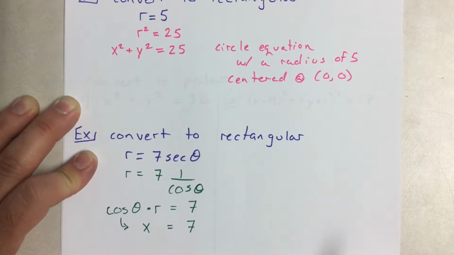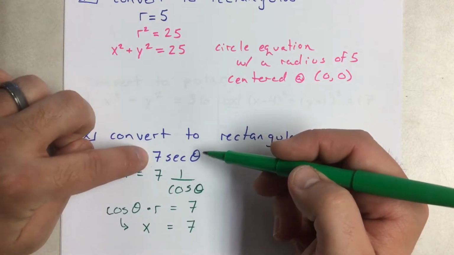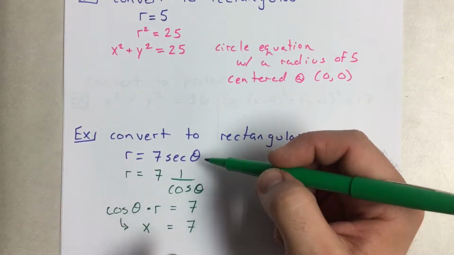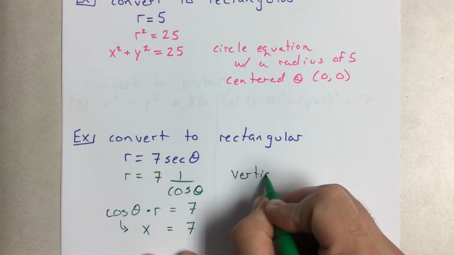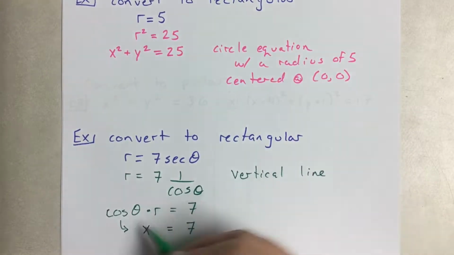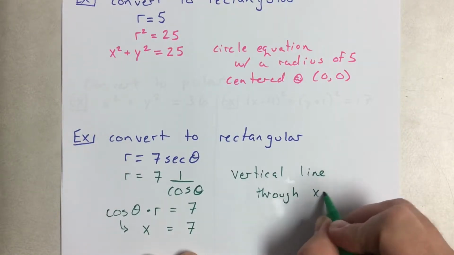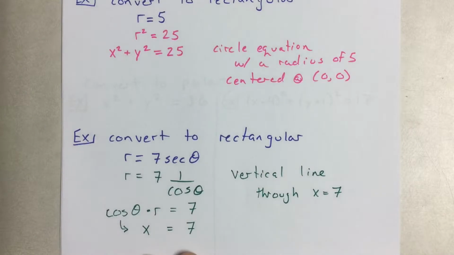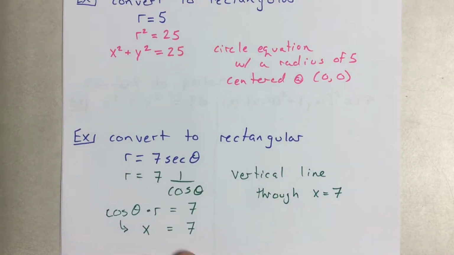So r equals 7 secant theta, that polar equation, really comes down to a vertical line, x equals 7. Maybe if I had 7 cosecant theta, that's a horizontal line? Well, you can try that out yourself.